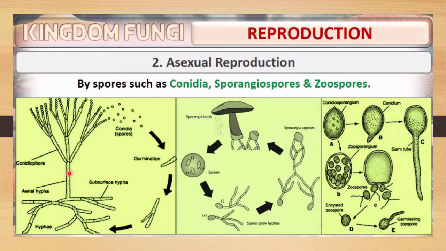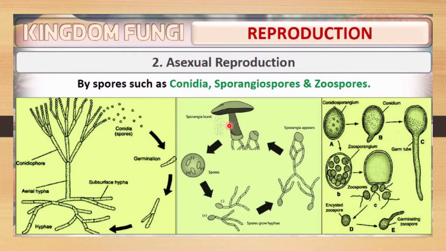The aerial hyphae will form some conidiophore. On this conidiophore you will observe conidia, which is one kind of asexual spore. On germination, this spore will form an individual organism of a fungi. So this is the means of reproduction in some fungi, that is conidia.